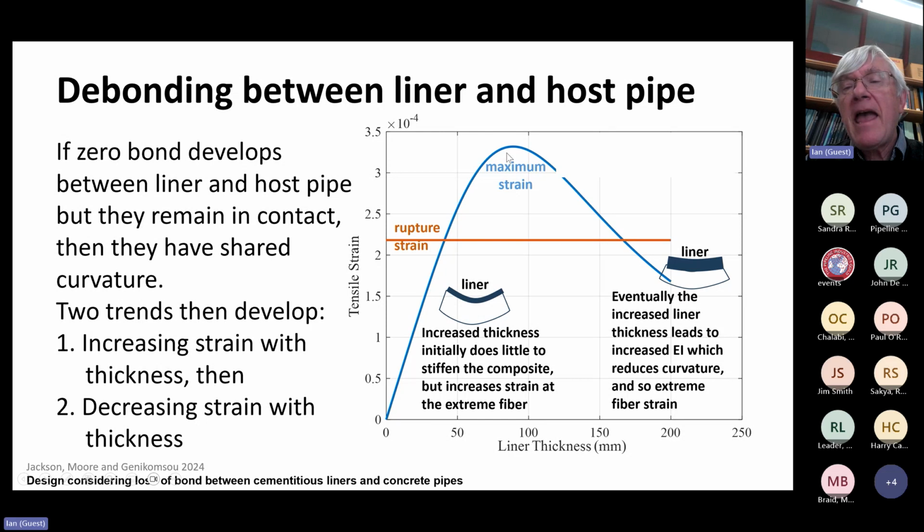Eventually, as that liner thickness increases, it provides stiffness to the composite system. And so the curvature that is going to be developing starts to mitigate. So the maximum strain in this liner that's not bonded to the host pipe will go through a peak and then decrease.